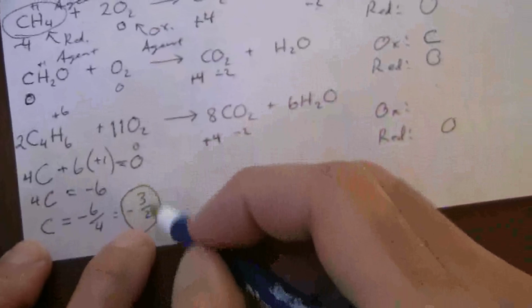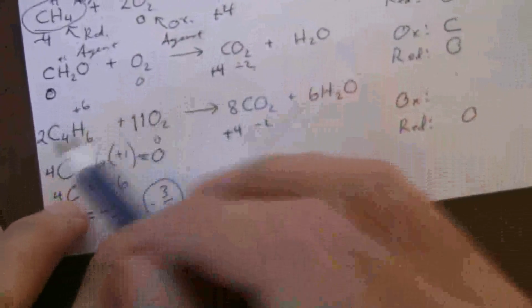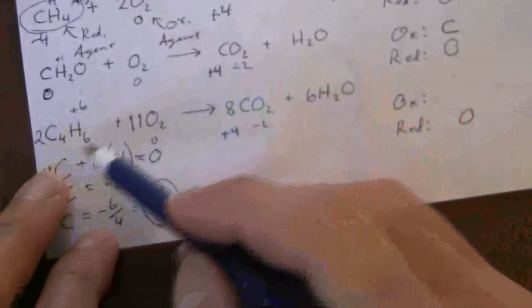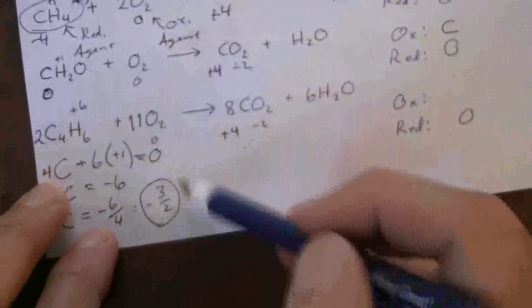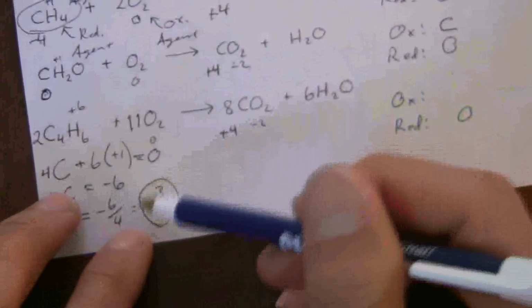We can have fractional oxidation numbers, and you see that particularly with these combustion reactions. When you start seeing higher numbers there, you can get into some stranger-looking oxidation numbers.